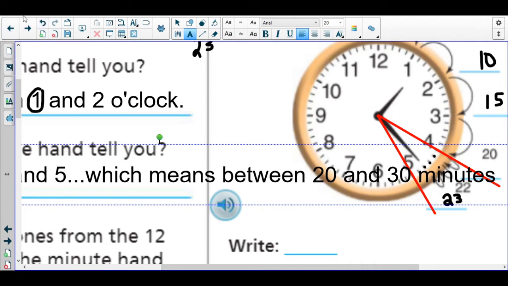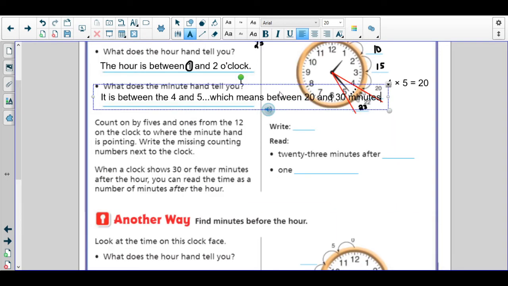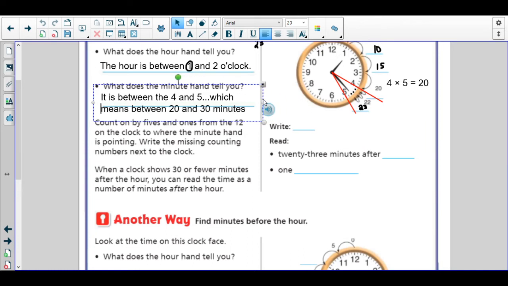Let's see if I can back that out now and get this cleaned up for us. All right, so it's between the 4 and the 5, which means it's between, oh, that's actually 20 and 25 minutes. There we go.